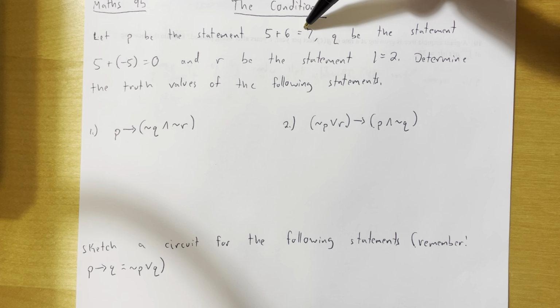Well, not Q. Remember, Q we decided was true because 5 plus negative 5 is 0, which means not Q would be false. And, it's my conjunction there, not R. Well, R was a false statement, so not R would then be a true statement. Remember, negations always have the opposite truth value of whatever statement they're negating.